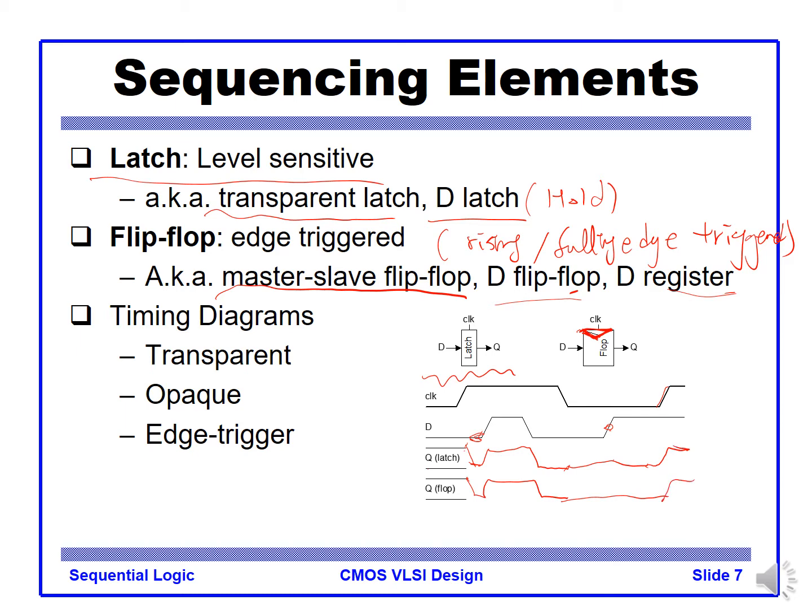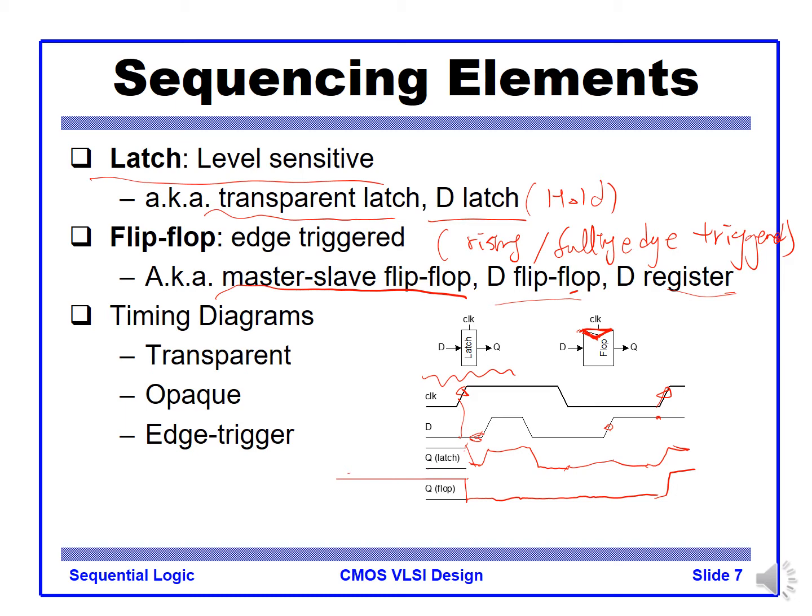But the flip-flop behaves differently. For this rising edge flip-flop, it only catches the data at the edge. So it catches data here, it goes to 0, and it catches data here, high, it goes up. So the latch behavior and flip-flop behavior are different, and you have to understand properly.